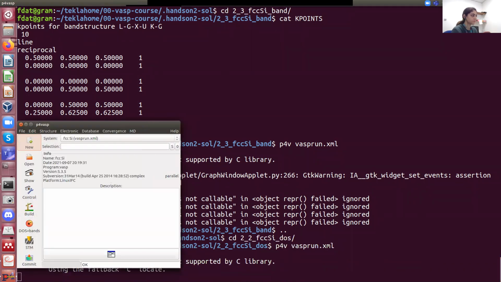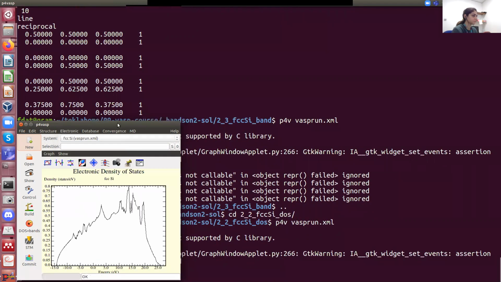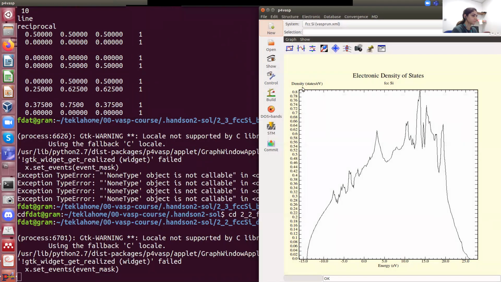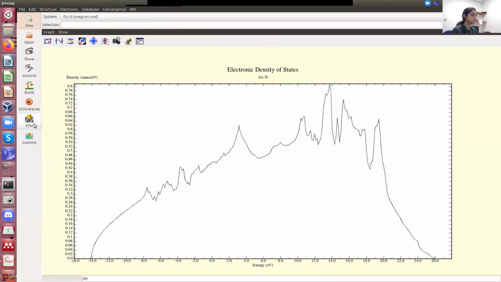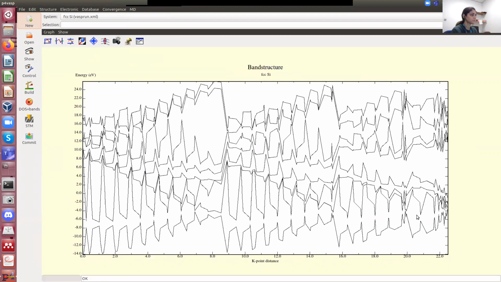So now if I go to electronics, density of states, you see that it's completely different now. You see, it's completely different than before, and also the bands are completely different than before.